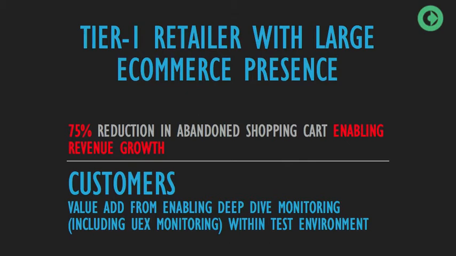We were able to do this by enabling deep dive monitoring, specifically having them focus on end user experience monitoring within the monitoring layers that we recommend. By doing so, they were able to reduce the abandoned shopping cart by around 75%. That has been a huge positive gain for this retailer.